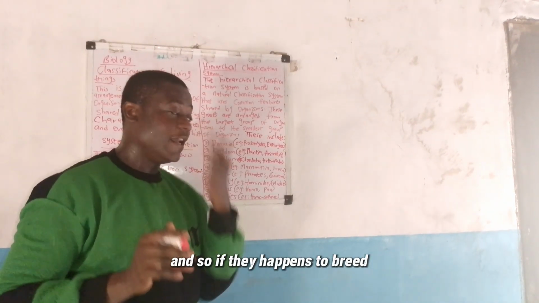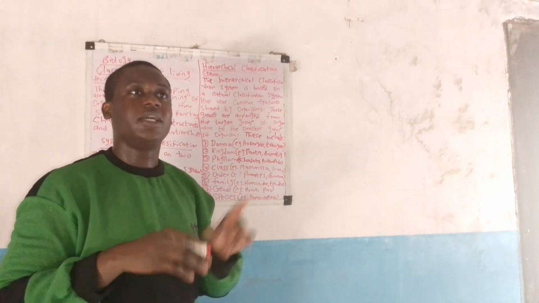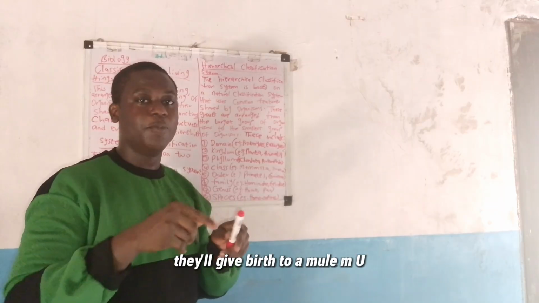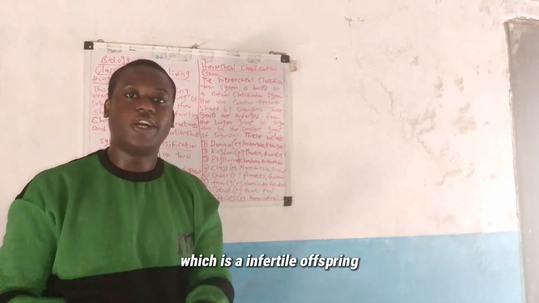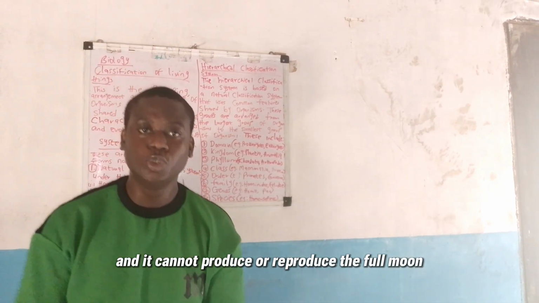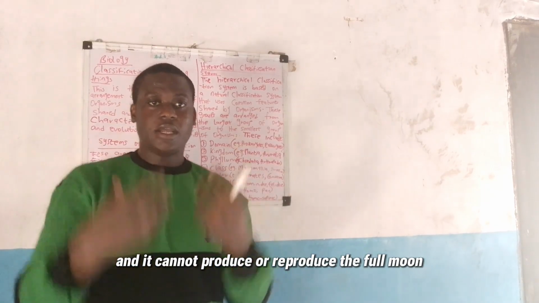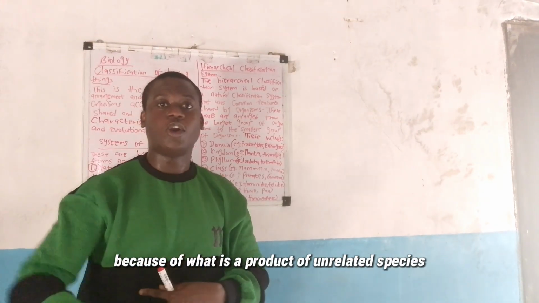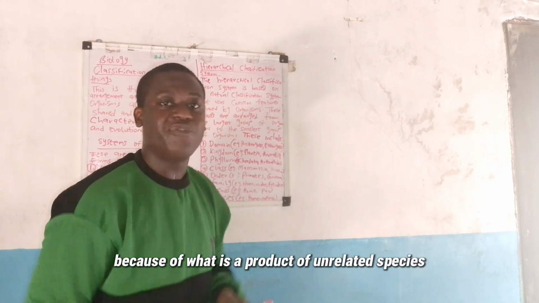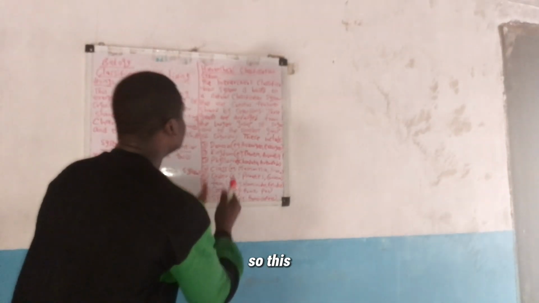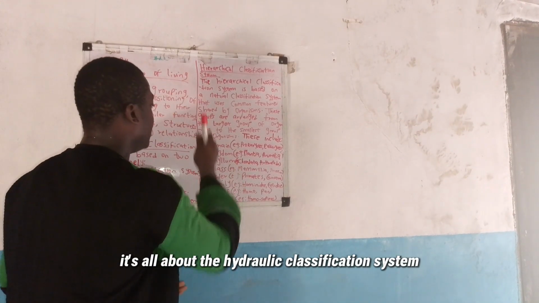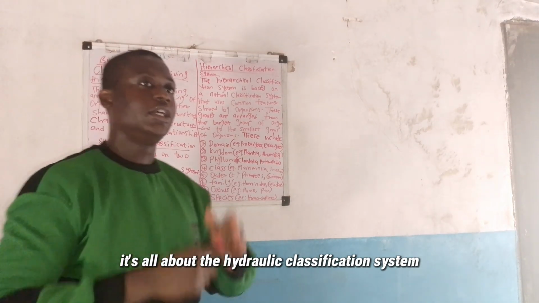And so, if they happen to breed, they will give birth to a mule, M-U-L-E. A mule is an infertile offspring, and it cannot reproduce another mule because it is a product of unrelated species. So this is all about the hierarchical classification system.